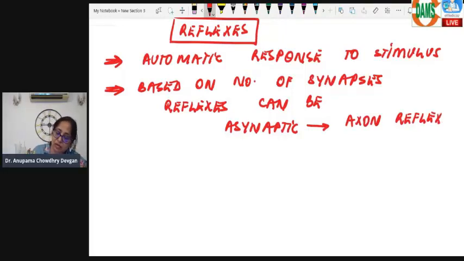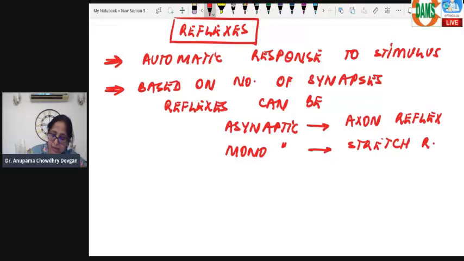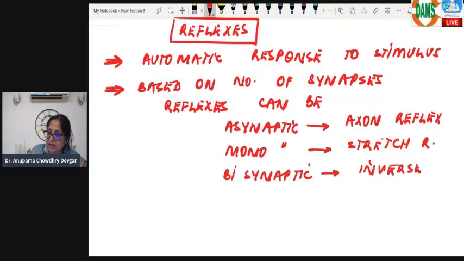It could be monosynaptic. Monosynaptic is what is known as the stretch reflex. Bisynaptic is what is known as the inverse stretch reflex. And you have polysynaptic.